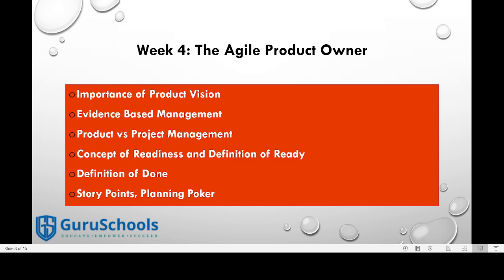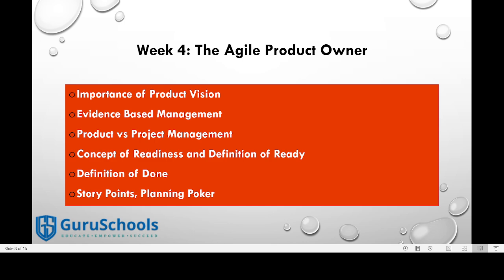Moving on to week 4, we're going to understand how the agile product owner is different from the traditional product owner, and what are the various features that he brings to the table.